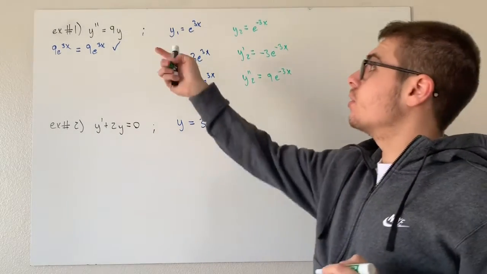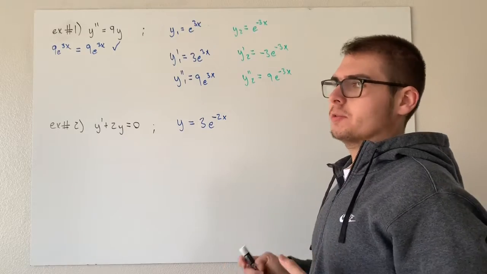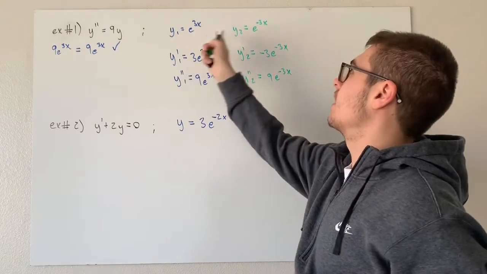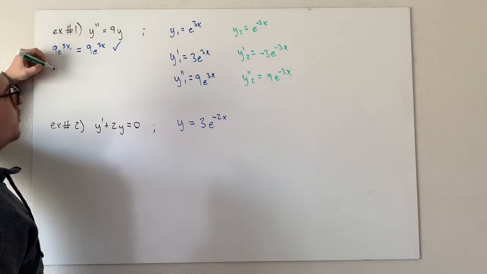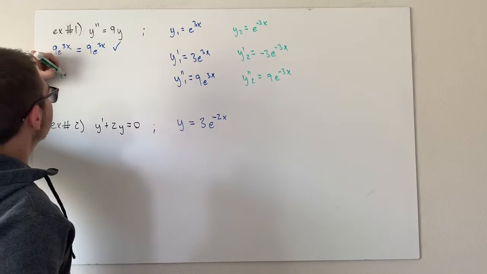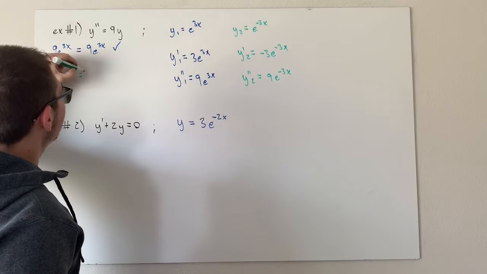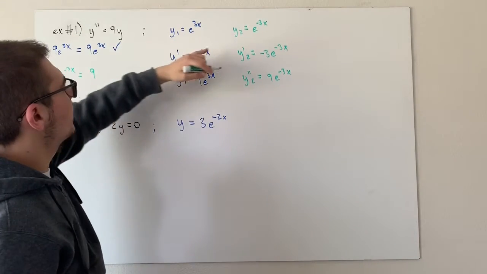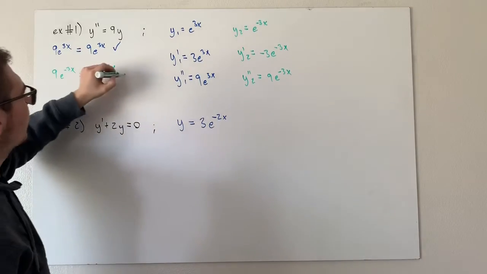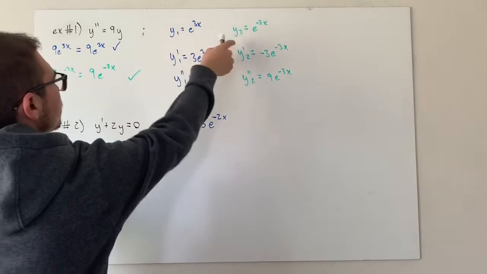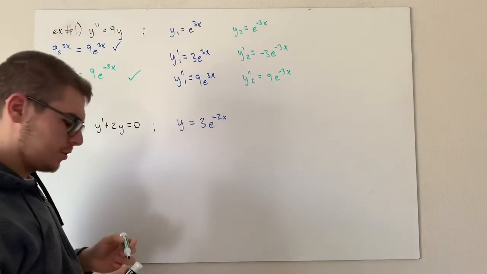Same thing, plug it into our equation in the respective spots for the y double prime and the y function. So we have 9 e to the negative 3x is supposedly equal to 9 times y, and y is just e to negative 3x. And that proves that both of these equations are solutions to that differential equation.